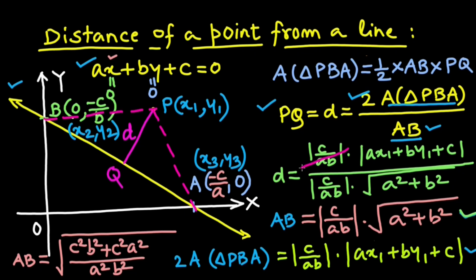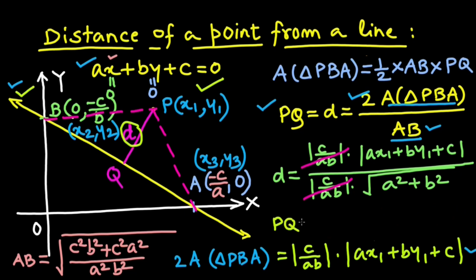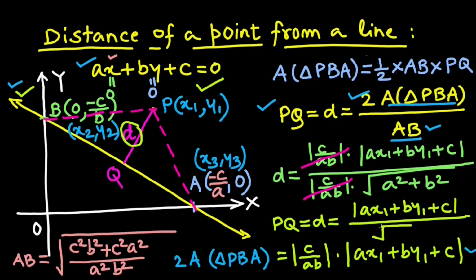Mod c upon ab gets cancelled and we get the value of D, that is the distance of point P(x1, y1) from the line ax plus by plus c equals 0, as PQ or D equals mod a x1 plus b y1 plus c upon under root a squared plus b squared.